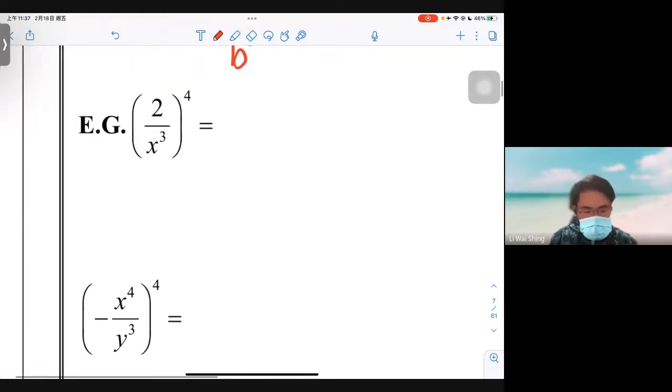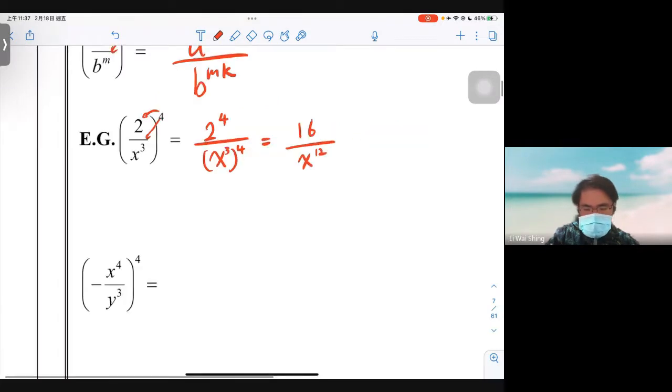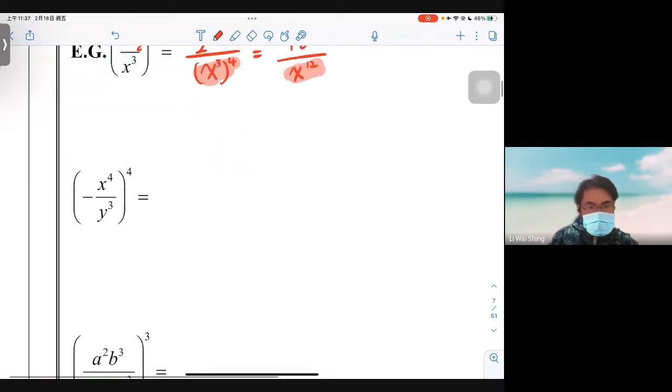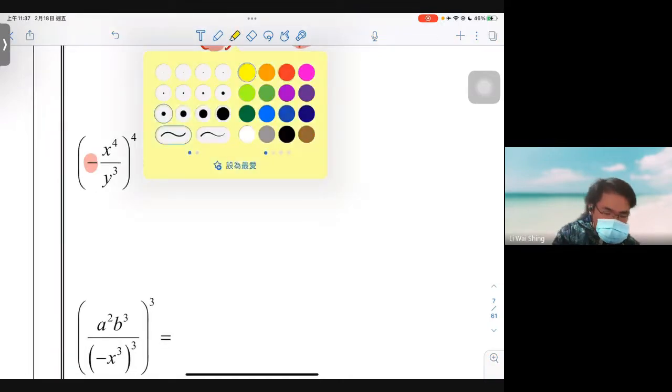For example, like this. If it is division, you can split it inside, equals 2 to the power of 4 over x cubed to the power of 4. So equals 16 over x to the power of 12, because here (a^m)^n equals a^(mn). All right, and then the next one, you can see there are 3 elements waiting for your power 4.